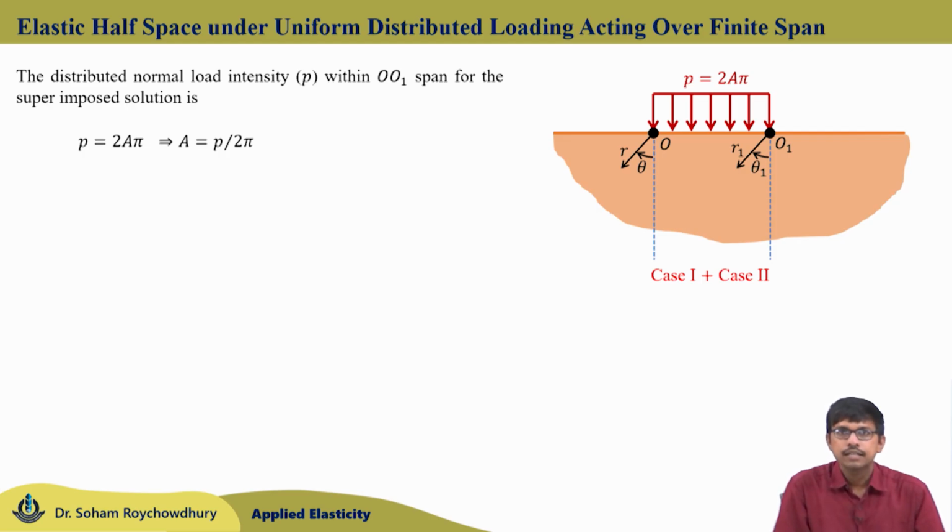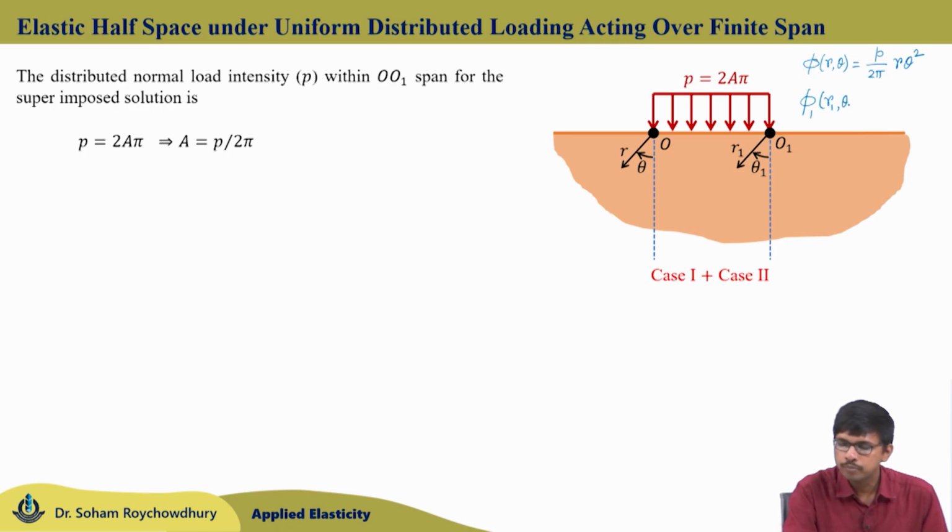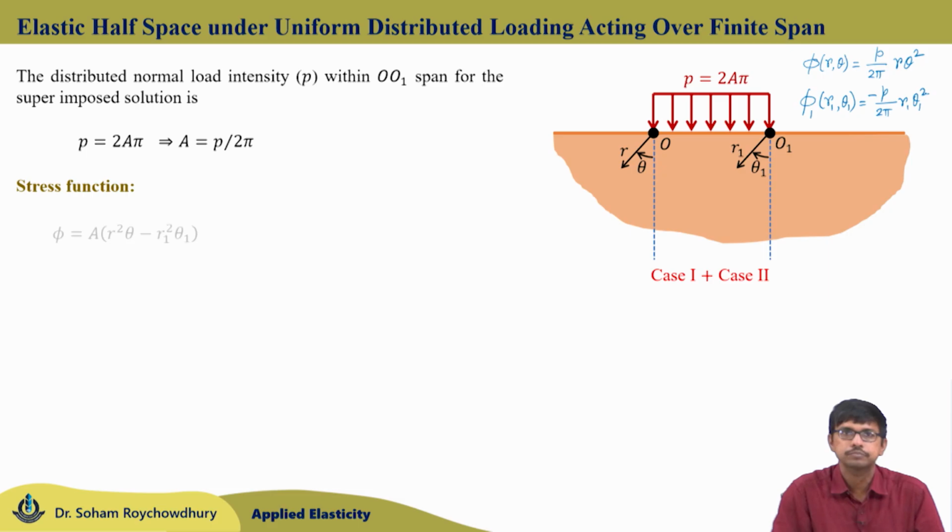Thus, the two stress functions to be used: phi would be P by 2 pi r square theta, which is described with respect to center O, and phi 1 would be minus P by 2 pi r1 square theta 1, which is described with respect to center O1.